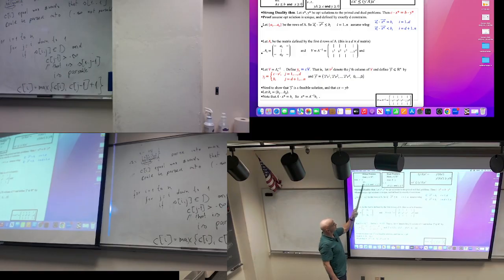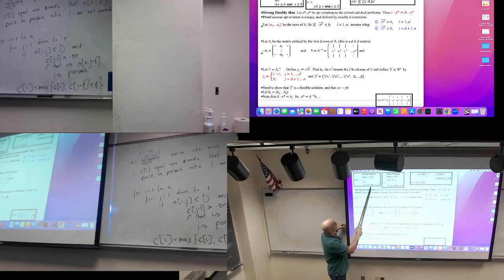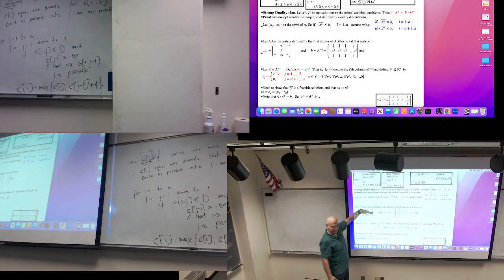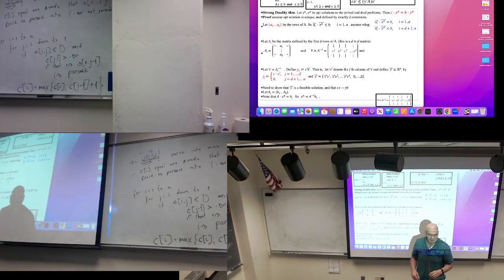So the first row of A, dot product X, should be smaller or equal than the first value of B. And the second row of A times this vector X should be smaller or equal than the second value of B. And so on, and all the X's are non-negative.